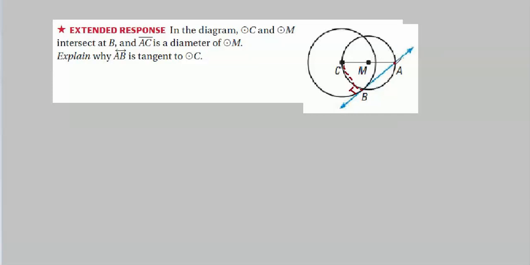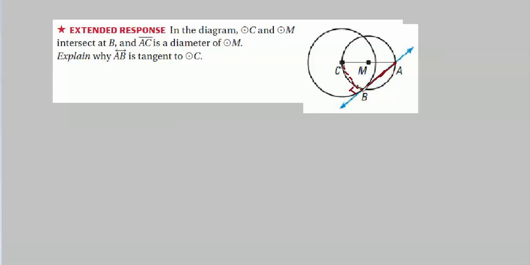If we produce a triangle here, we connect up AB, and then we connect up CB. Well, this triangle here is inscribed in circle M, and one side is the diameter, which means this is a right angle. That's what we needed to know, that this radius was perpendicular to this.